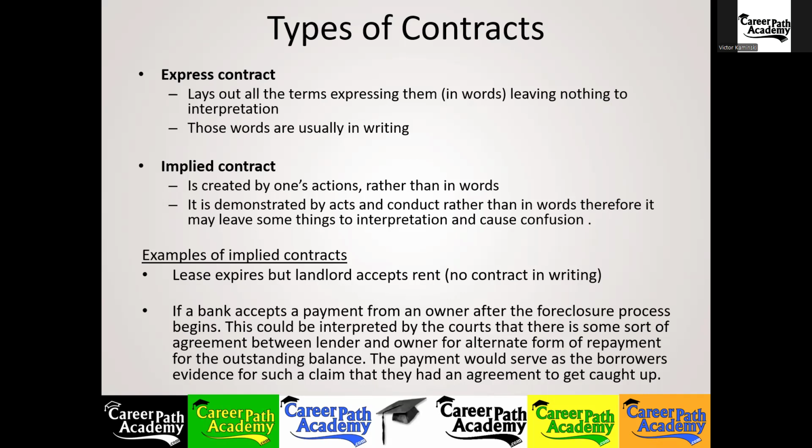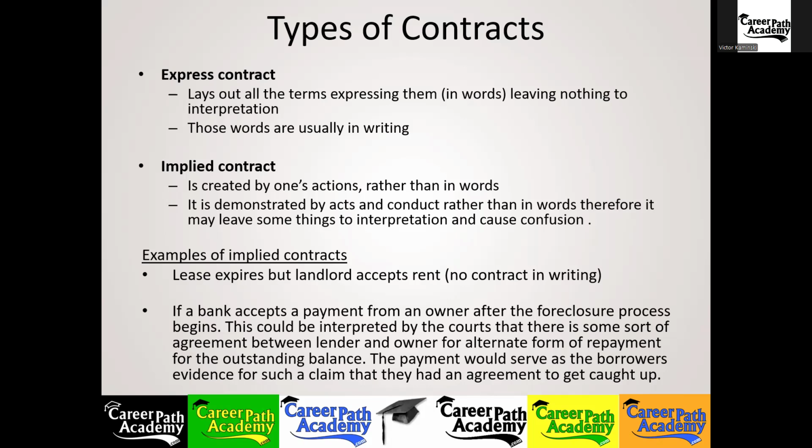Some examples of an implied contract are a lease. That lease expired, and the tenant pays the landlord, and the landlord accepts the payment, but the tenant never signed a new lease. It's implied that they were going to continue renting there by the actions of the landlord accepting that payment from the tenant.